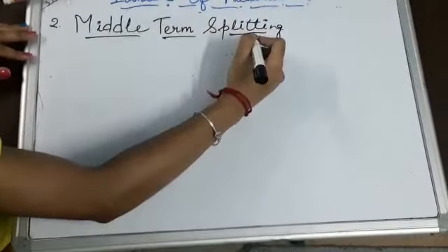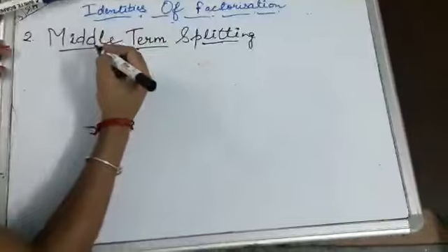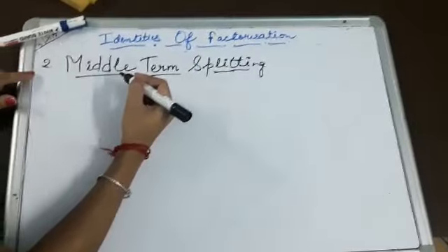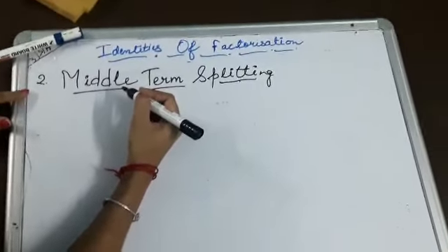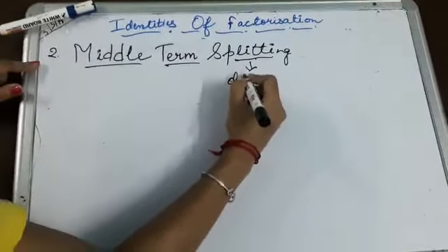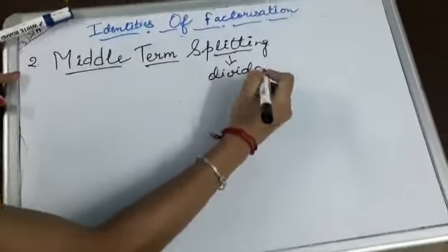This is a very important topic of factorization. The second method is middle term splitting. So what does splitting mean? Splitting means divide. We have to divide.